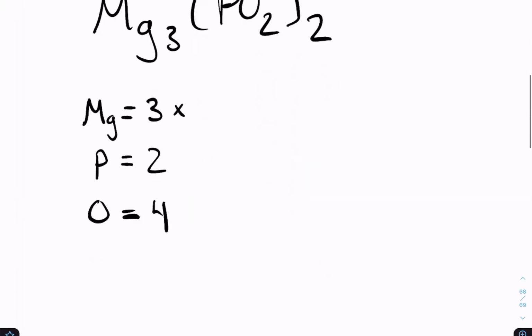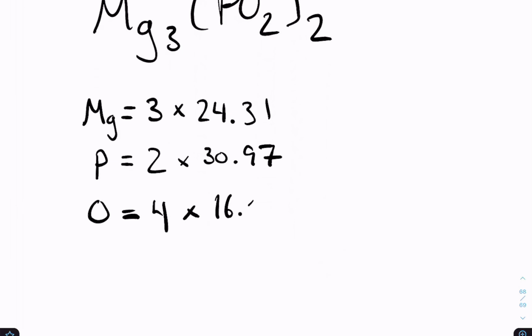Then magnesium, that's one of the ones that I memorized. Just use 24.31. Phosphorus is 30.97. Oxygen, you could actually just round to 16 most of the time.